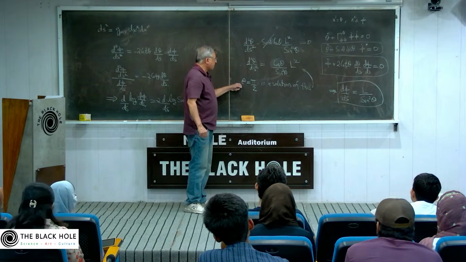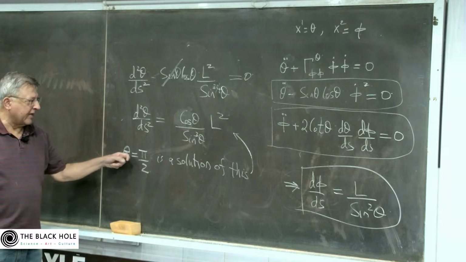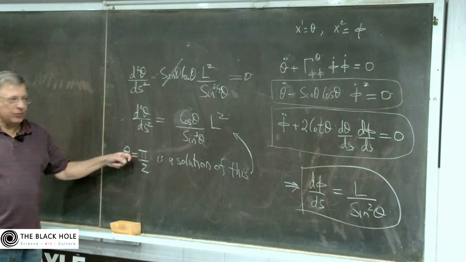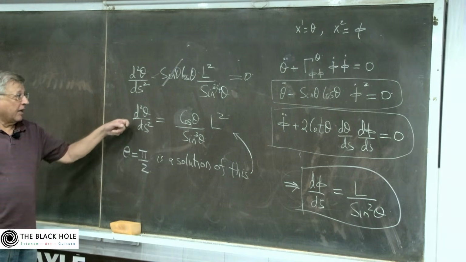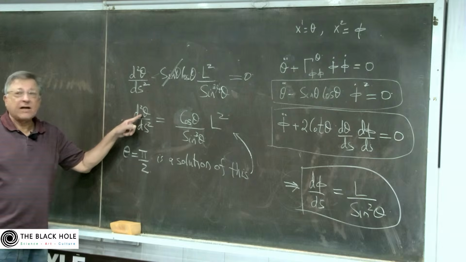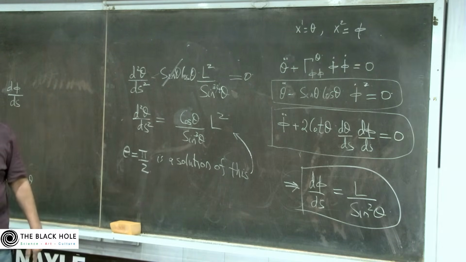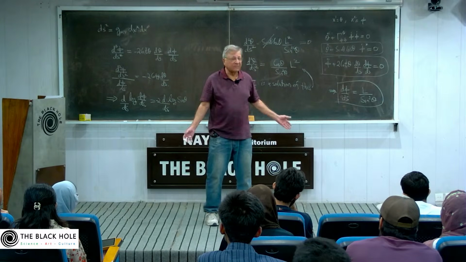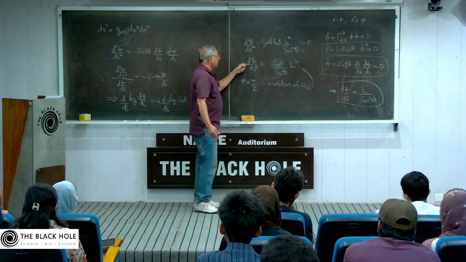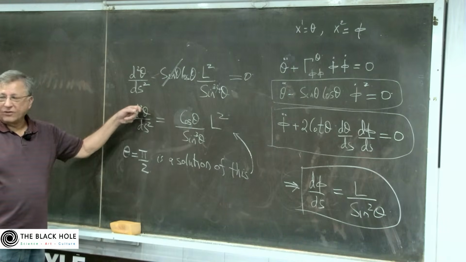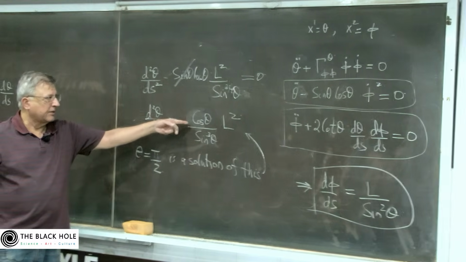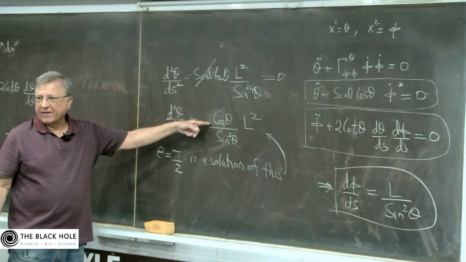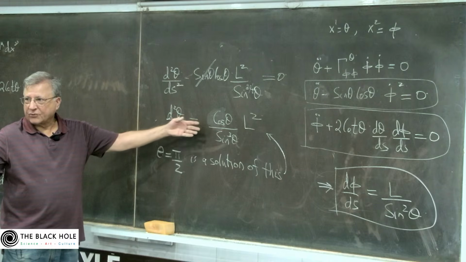So you agree that with theta equals pi by 2, theta dot is equal to 0, theta double dot is equal to 0. Now take further derivatives of this. Take d3 theta by ds cubed. Differentiate this, you'll get theta dots over here, but those theta dots are also 0.